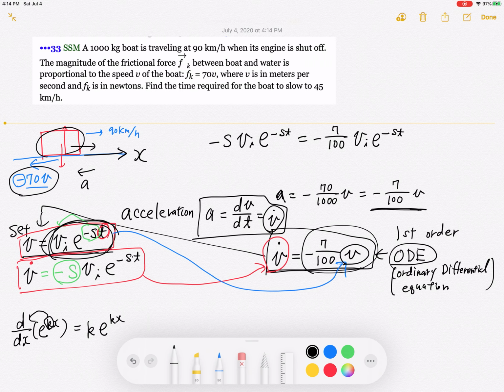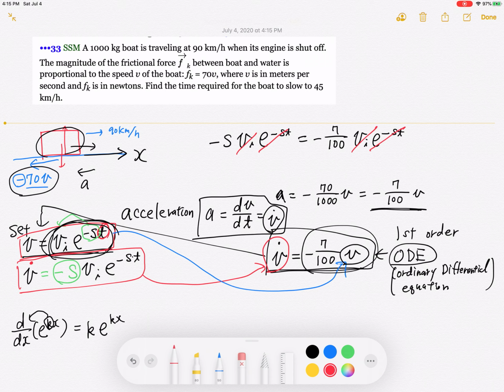Well, we can slash off some terms from both sides of the equation. Vi is gone. You can divide both sides of the equation by any numbers as long as you do the same operation on both sides. Vi can be cancelled out. E to the negative st can also be gone, right?